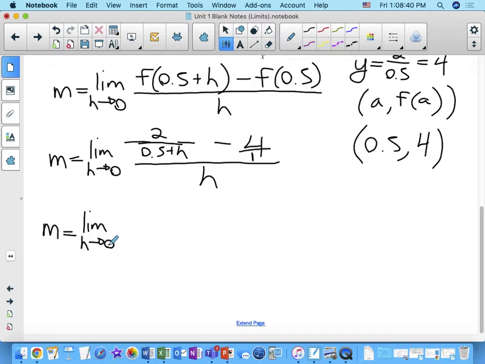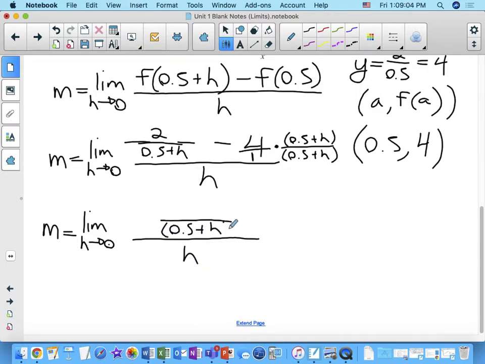Okay, so this is already over 0.5 plus h, but I'll multiply the 4 by 0.5 plus h over 0.5 plus h. Okay, so what I'm going to end up with in the numerator, over 0.5 plus h, is 2 minus 4 times 0.5 plus h.